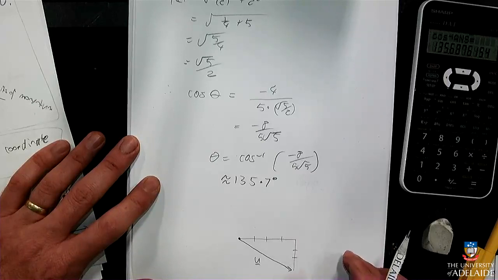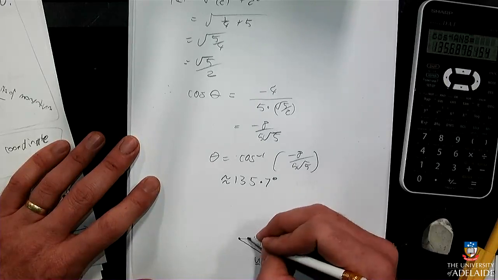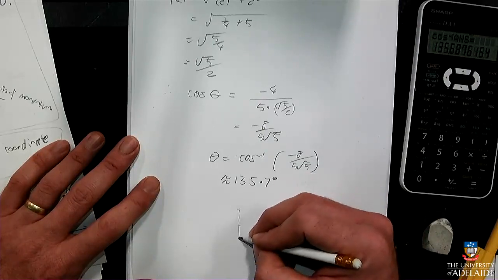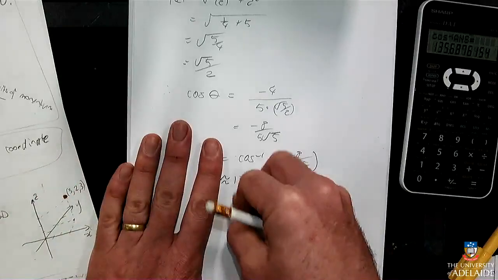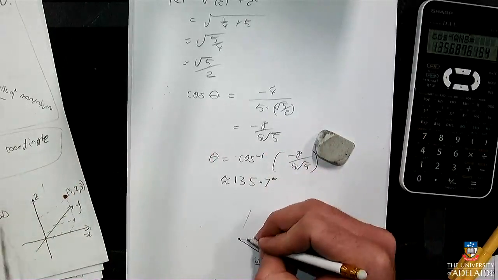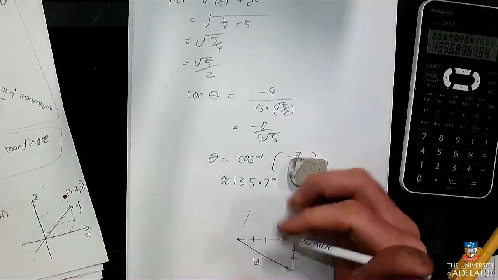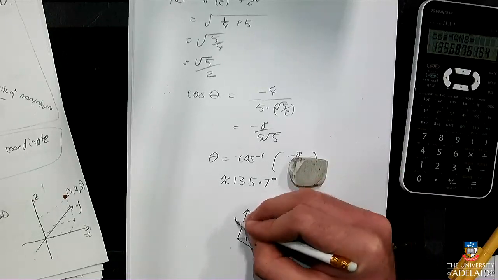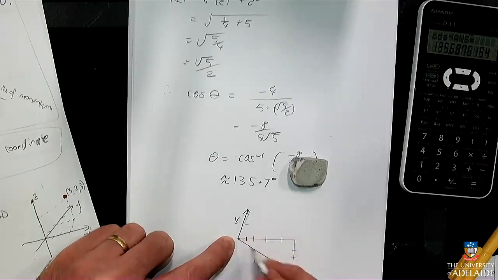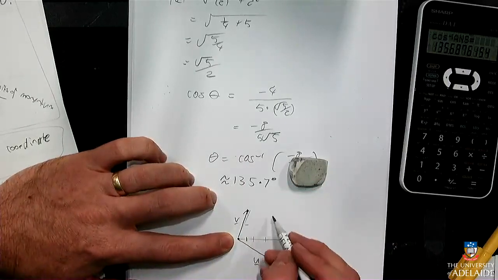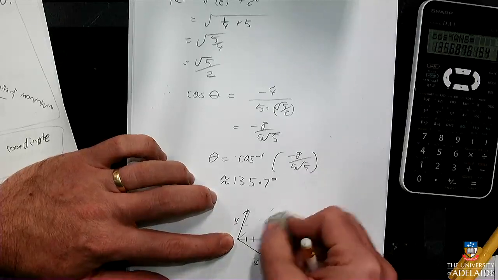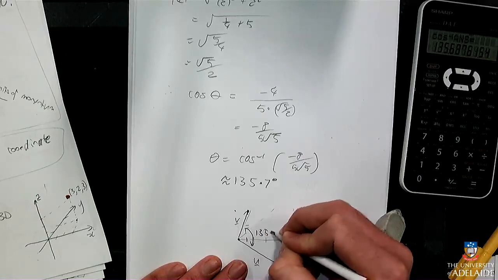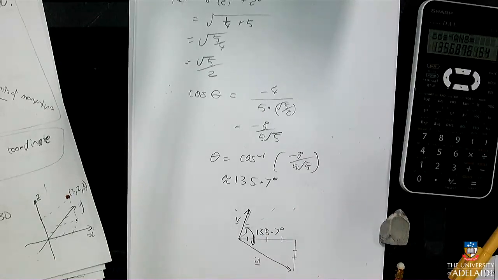And v was a half, 2, so it's about there. Oh yeah, it's past the 90 degree point, which would be there. Okay, doing well. Okay, I believe it.